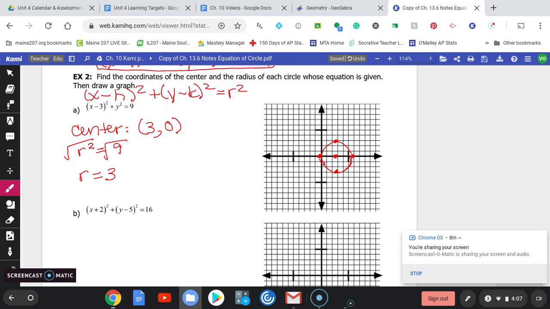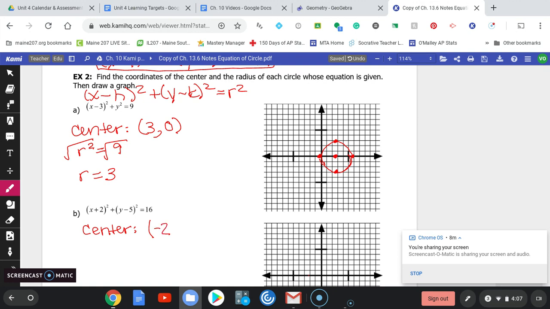Okay, so next one, same type of problem. We have to find the center. Here, remember it's x minus h that's being squared. But what's being subtracted to make a positive 2 is actually a negative 2. So another way to think about it is to just take the opposite of what's inside the parentheses.